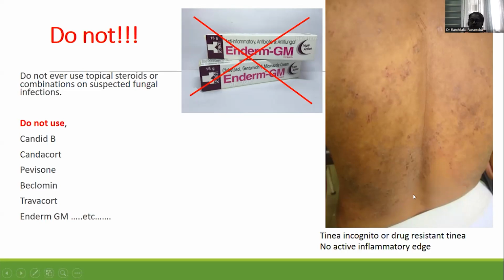So fungal growth has stopped here. But you won't see an active inflammatory edge if they have applied steroid or partially treated. So do not ever apply this combination on a suspected fungal infection.